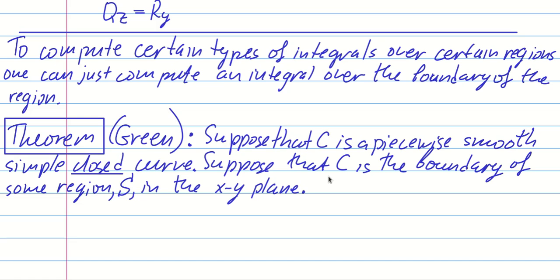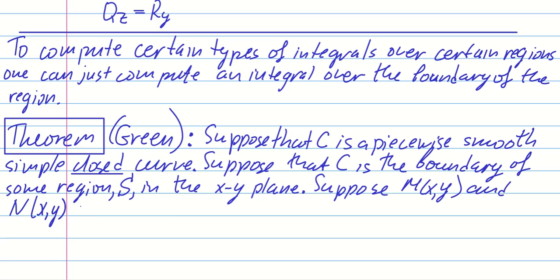What else do we need to suppose? We need to suppose two functions. So suppose M of x and y and N of x and y are continuously differentiable, and we already discussed what it means.